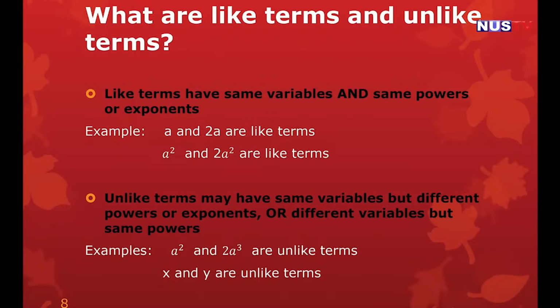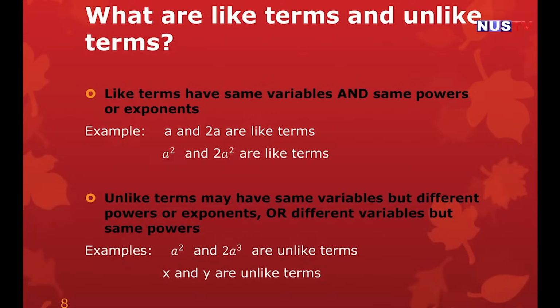An example: a and 2a are like terms. Why? Because a and a are the same variable, and both of them have the same power of 1. Another example: a squared and 2a squared are like terms, because they have the same power and the same variable.